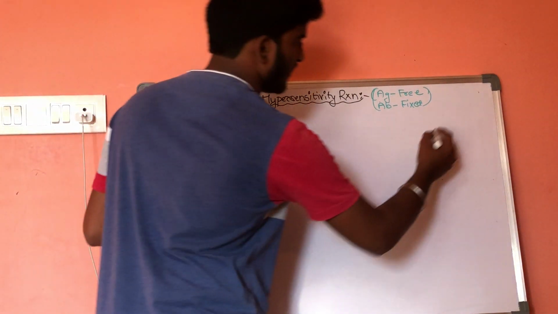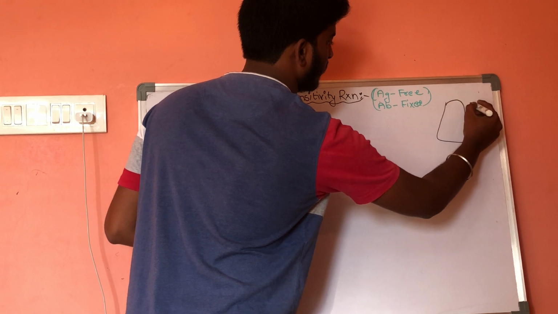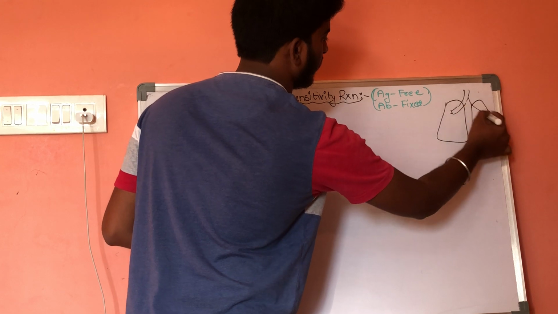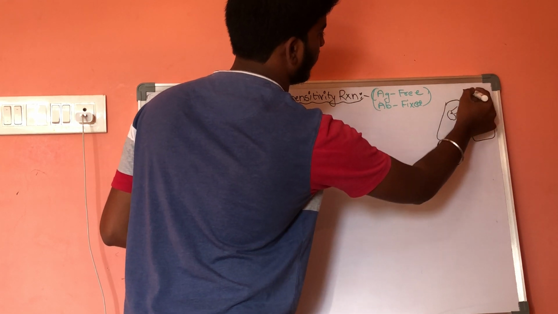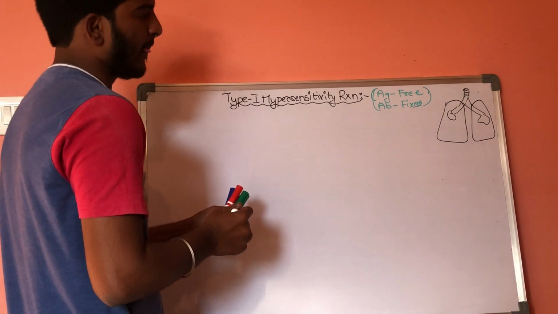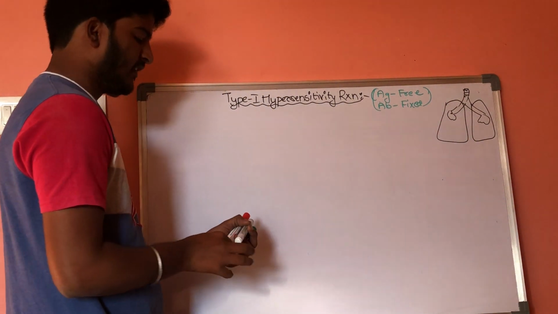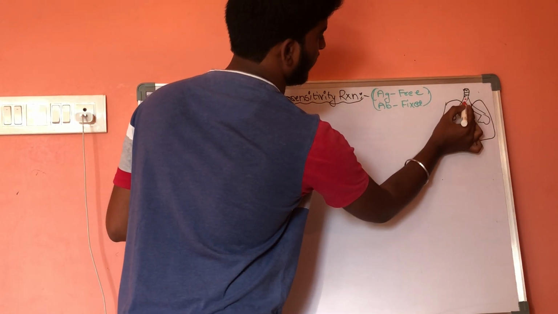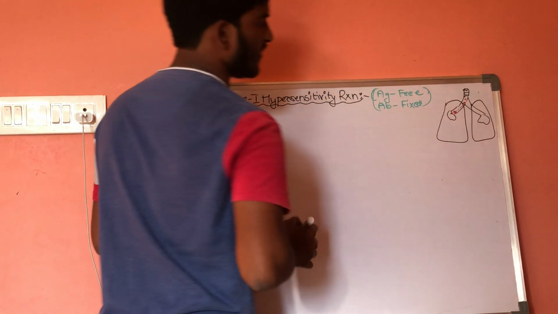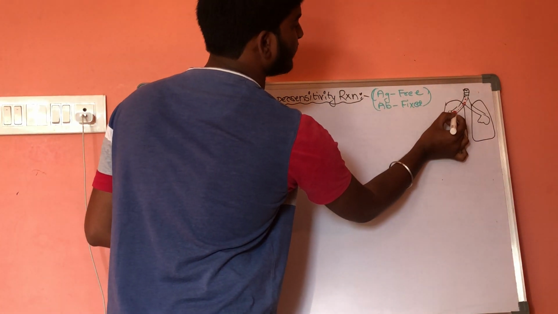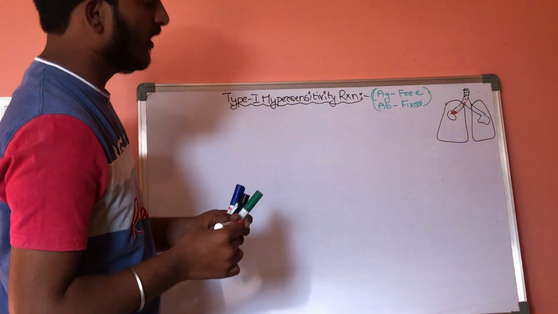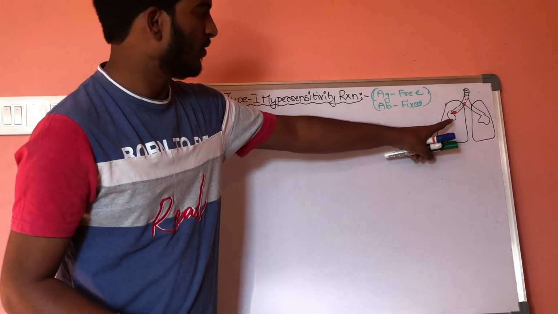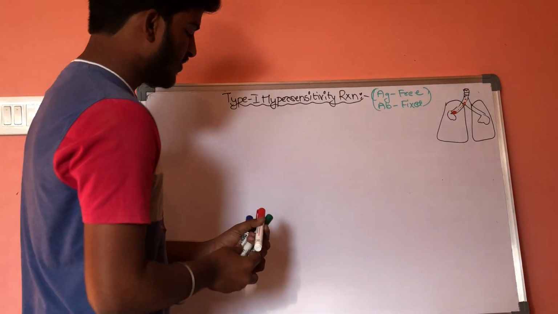Now, let us consider these are the lungs. Any pollen antigen which enters into our body, whenever a pollen antigen enters our lungs and is present in the alveoli, the macrophages should reach towards this pollen antigen and engulf it.